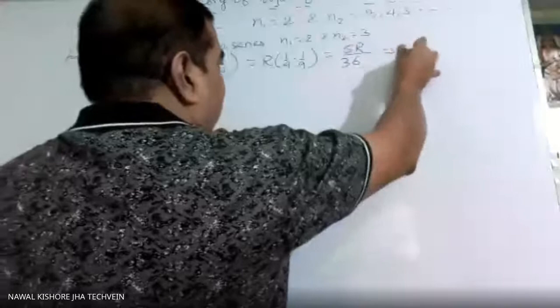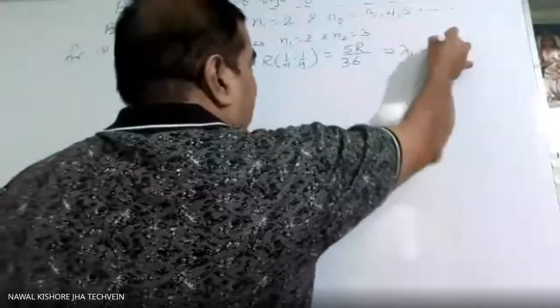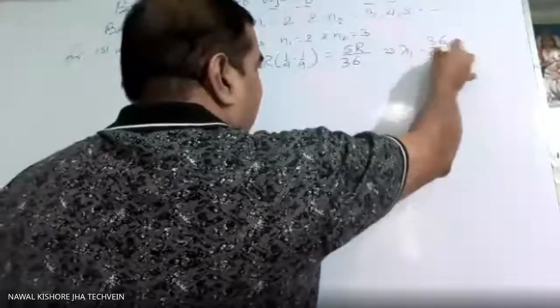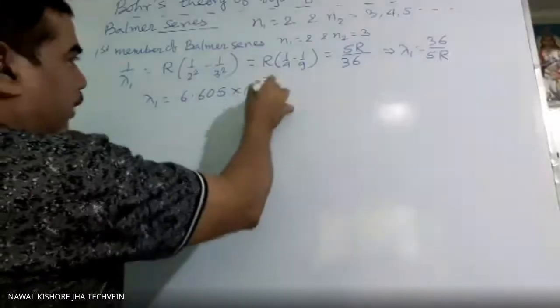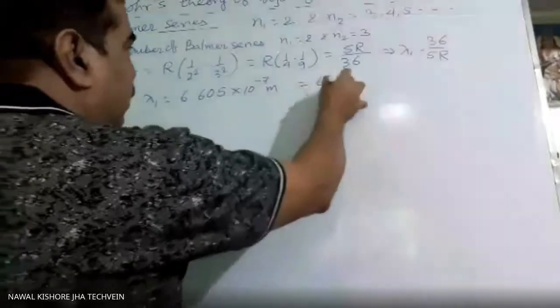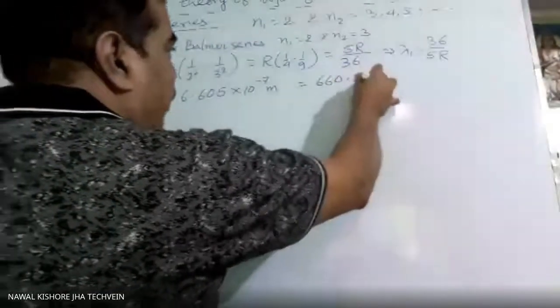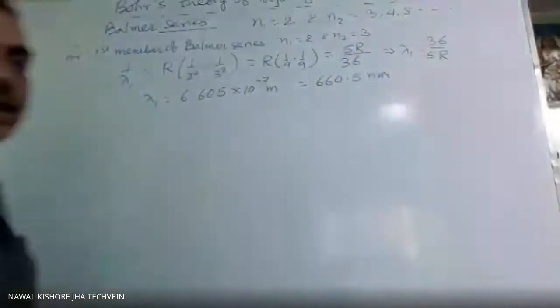That means this lambda 1 will be 36 over 5R, that is 6.605 times 10 to the power minus 7, so it is 660.5 nanometer. In which region is it?